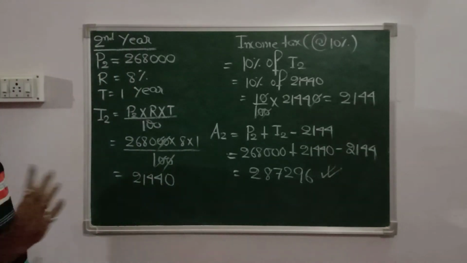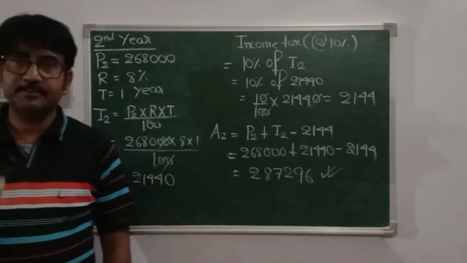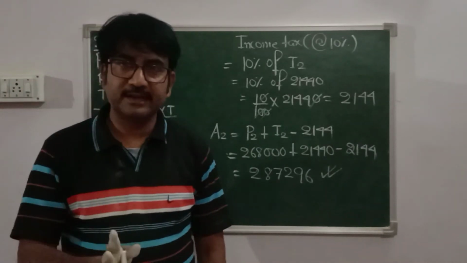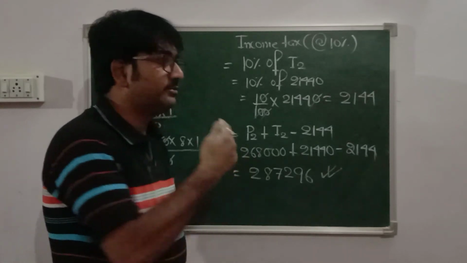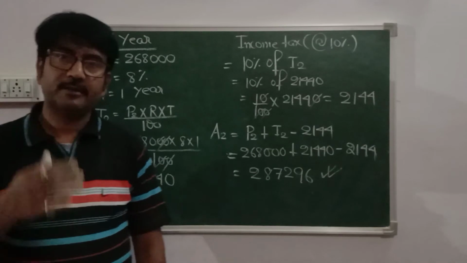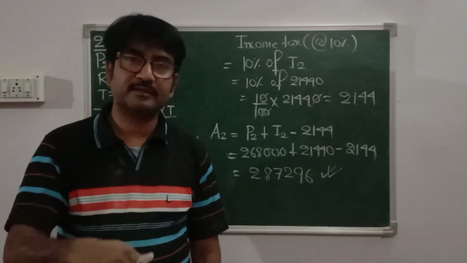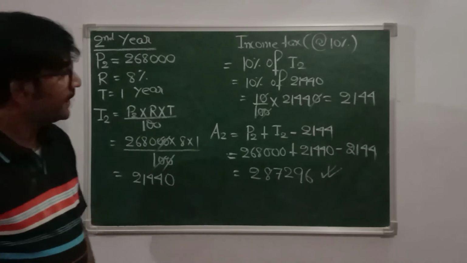So what we did is, in the first year we calculate the interest. From the interest 10% is deducted as income tax, and whatever is left, that is the amount for the first year. The end of the first year will be the sum plus the interest minus 10% of the interest, which is the tax. So we enter into the second conversion period, second year, same procedure.